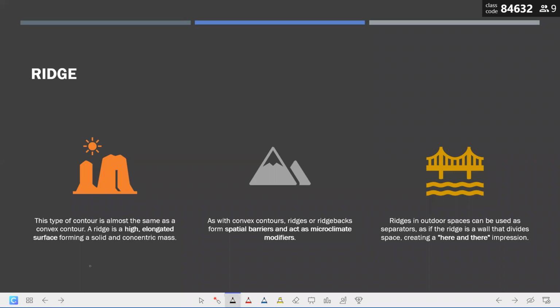Now ridges. This type of contour is actually almost the same as a convex contour, except that it is a high elongated surface. So it's a more elongated surface rather than a protrusion. As with convex contours, ridges or ridgebacks can form spatial barriers and act as microclimate modifiers, except that ridges usually feel more massive.